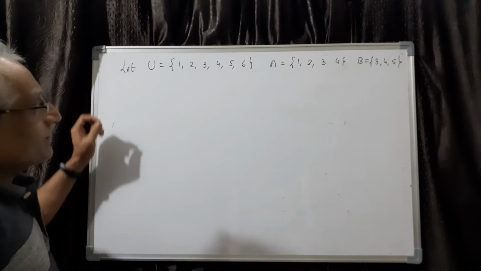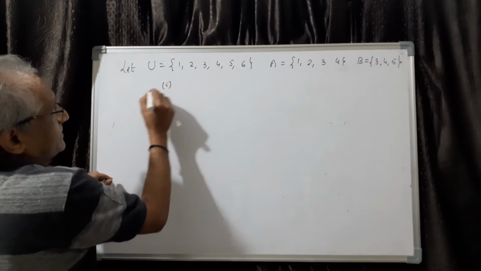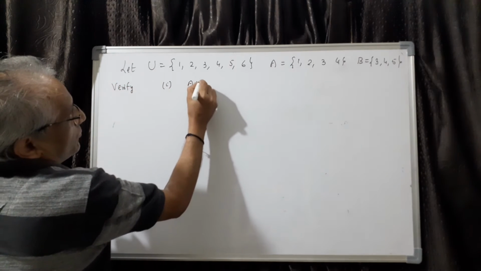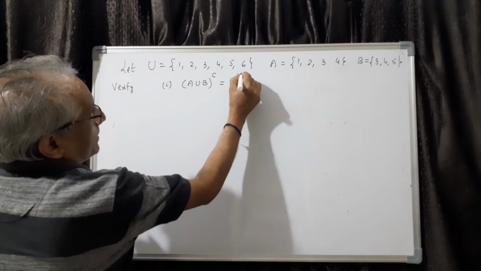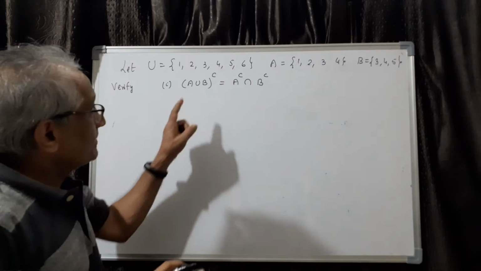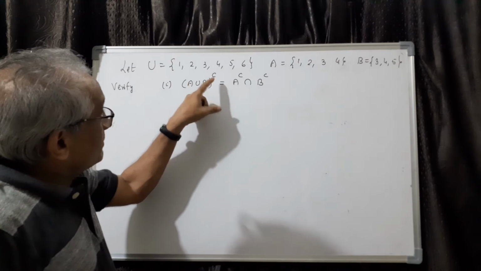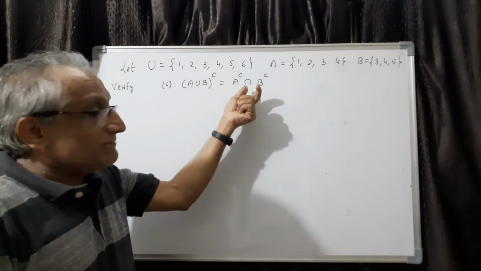Now with this example, let us verify. What is the first law? Verify: A union B complement equal to A complement intersection B complement. It is very easy to remember. Here union, here intersection. Here it is complement for the entire set after the operation. Here it is individually A complement and B complement.